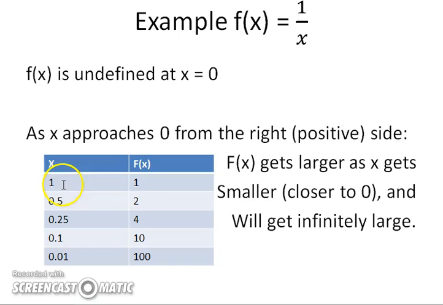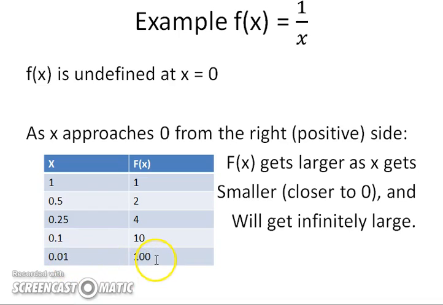All right, so if x equals 1, then f of x equals 1 because 1 divided by 1 equals 1. If x equals 0.5, then f of x equals 2. And if x equals 0.25, then f of x equals 4. And I think you see the pattern.